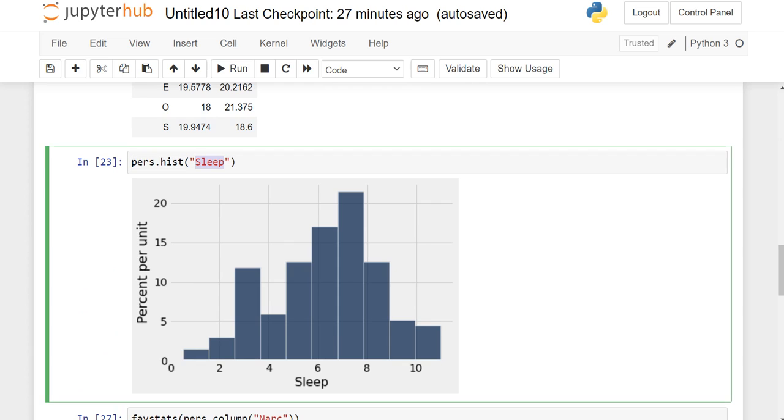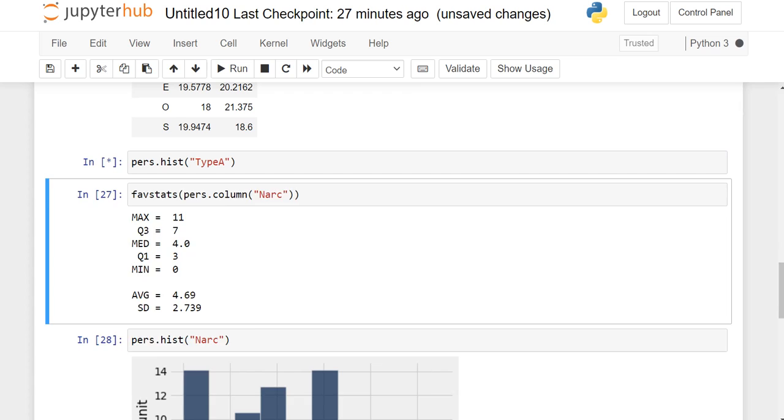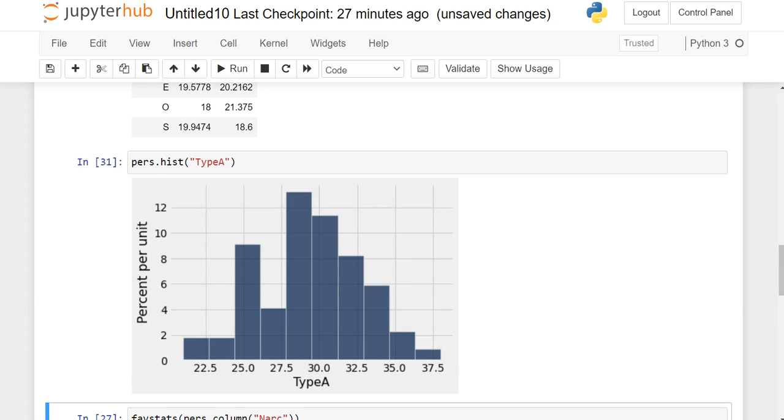Well, I can come in here and I can just say type A, boom, and I can look at a histogram where I'm able to see the lower values were down around 22, 21, and the highest values that we had were around 37, 38, but the average seems to be around 30. And so I can also compare type A to another numeric variable by using dot scatter. And we will talk about box plots next time.